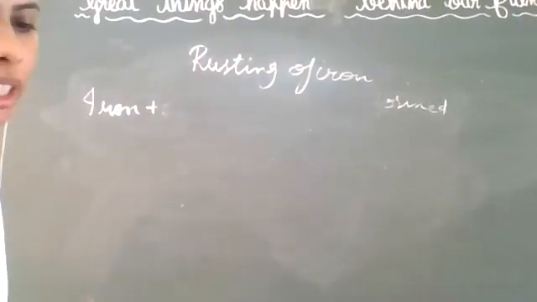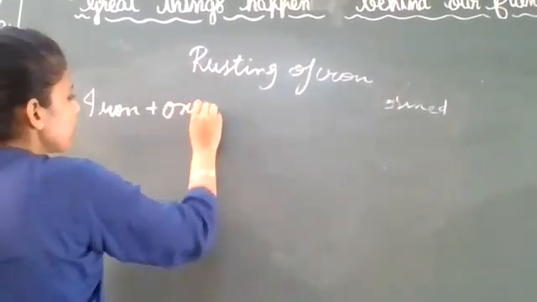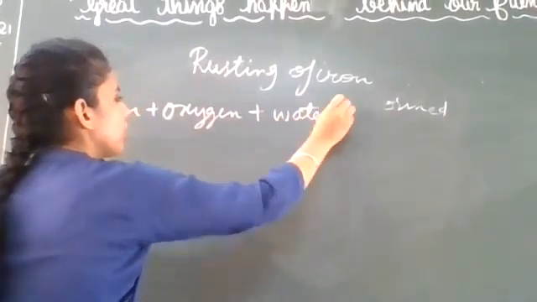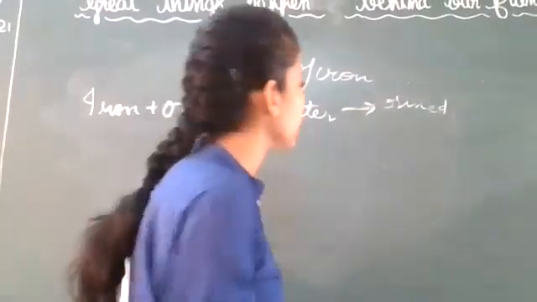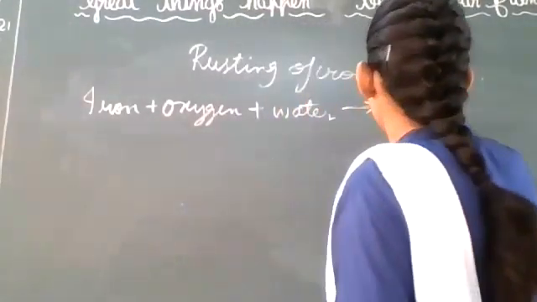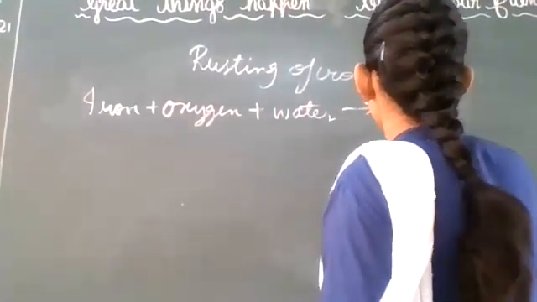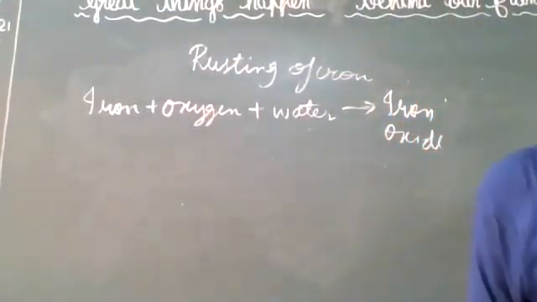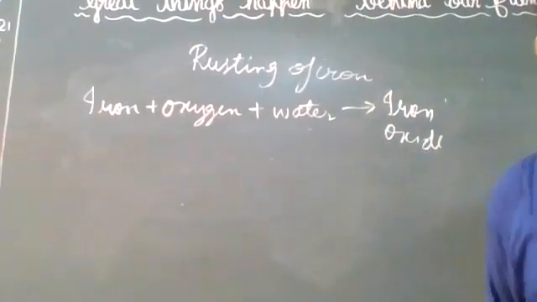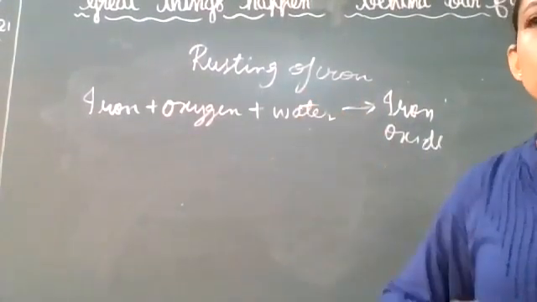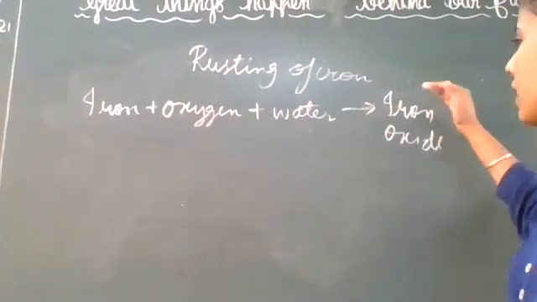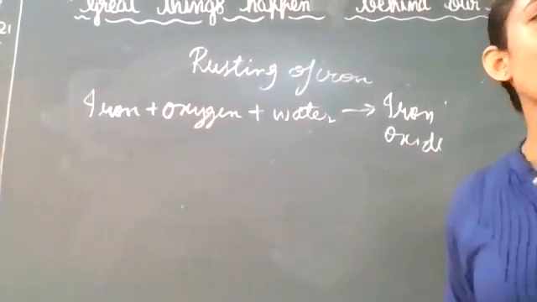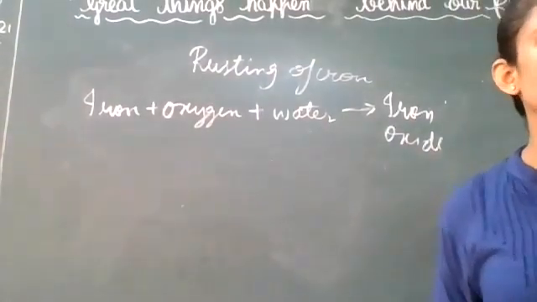You can write oxygen, water, moisture in brackets. It will form iron oxide. Try to write the reaction in one line. Don't write it in this way. You can use double lines for a single substance, but try to write the reaction in one line. Clear?